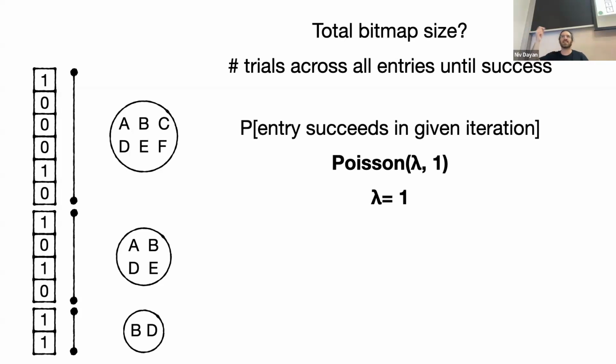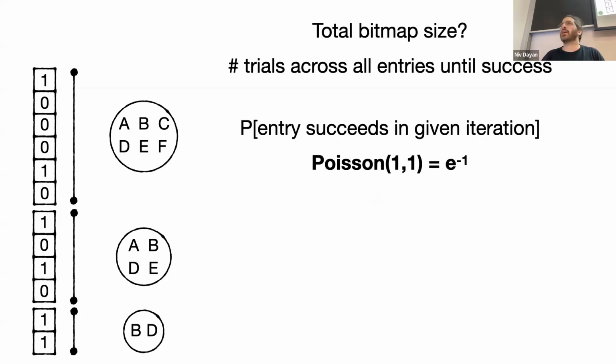Right? And basically what we're asking is, what is the probability that a given bit was mapped by only a single entry? We don't care about 0 entries, we don't care about more entries, we just care what is the probability that a bit was mapped by 1 entry, because that's when success occurs. Okay, so that's just Poisson 1.